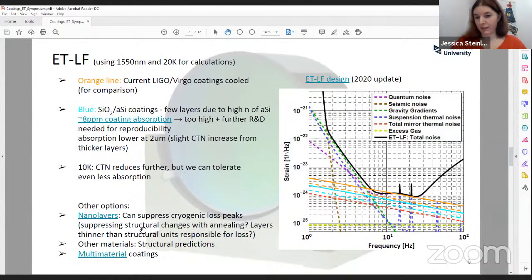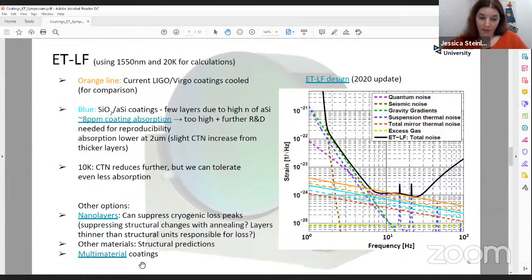But of course, adding in layers of a different material changes our refractive index and the whole coating design. Clearly, many other materials are also considered. So what I'm telling here is really just a few examples. And structural predictions, as Stuart also told about yesterday, give good ideas of which materials make sense to look at.